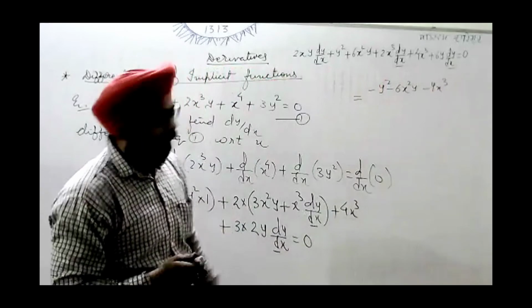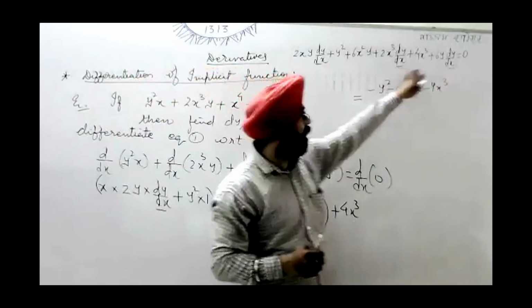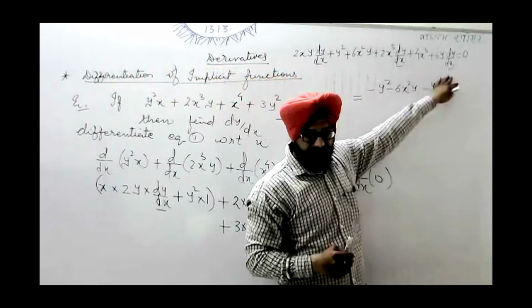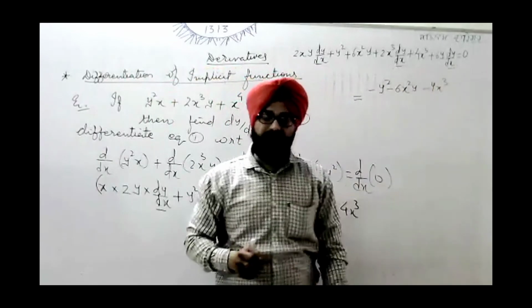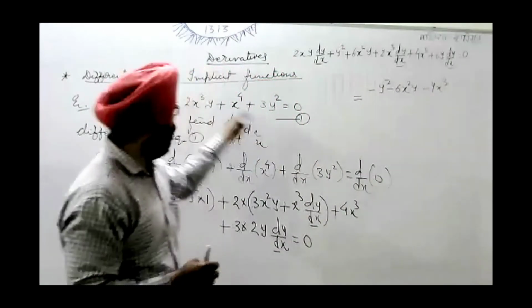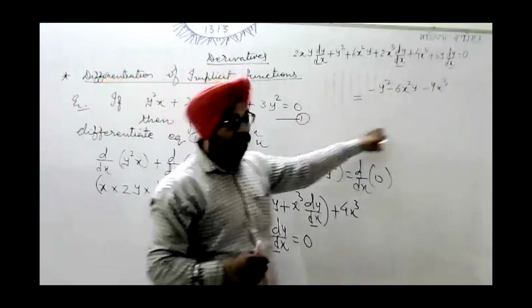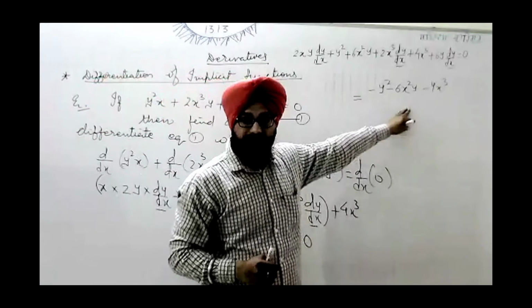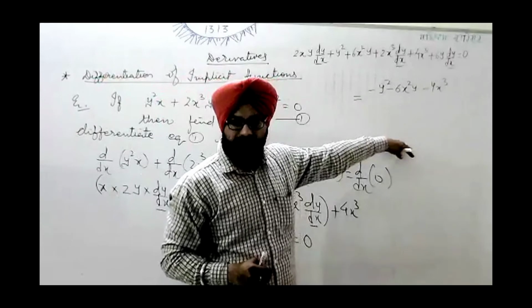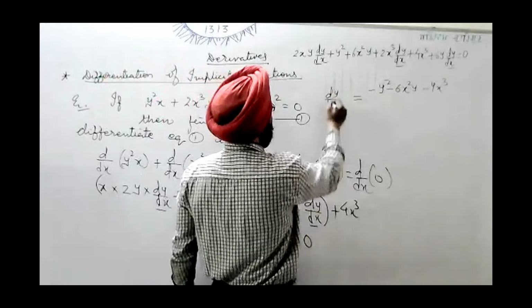After this, what will happen? You will take dy by dx as common factor from these three terms, right? It's a coefficient you will get in bracket. That is why to get the value of dy by dx, that coefficient will be shifted here, will come in division. So why not write that coefficient directly in division? And dy by dx you put here one time.